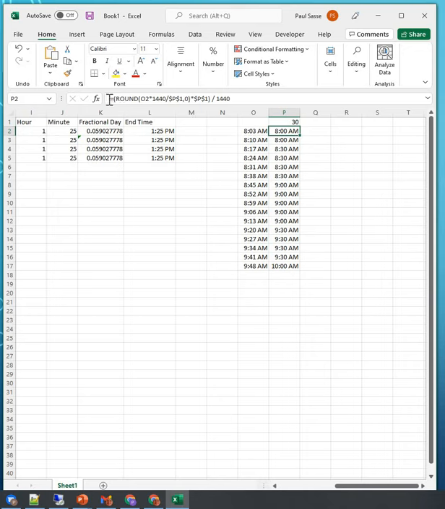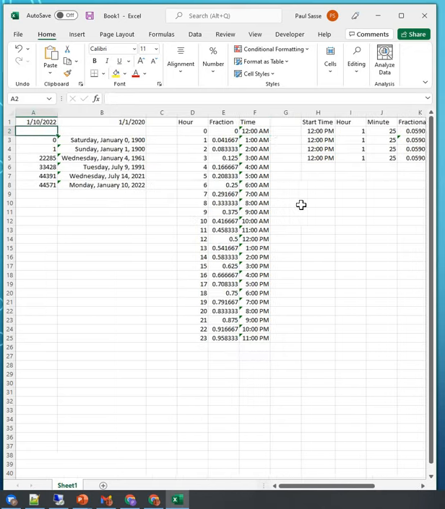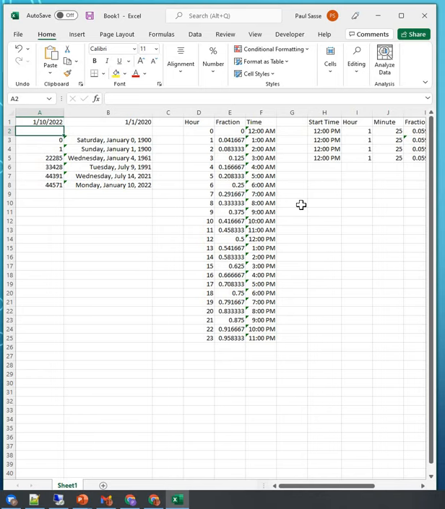And I've got this somewhat complicated formula, and if you understand what Excel is doing, it becomes easier to write these sorts of formulas and do these sorts of calculations. So that's what I want to go over, just give you a primer on what Excel is doing under the hood with its dates and times.